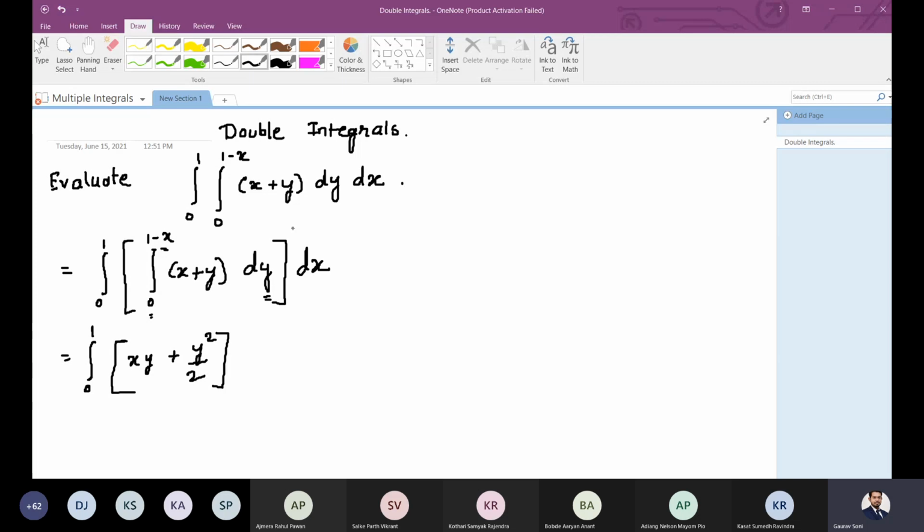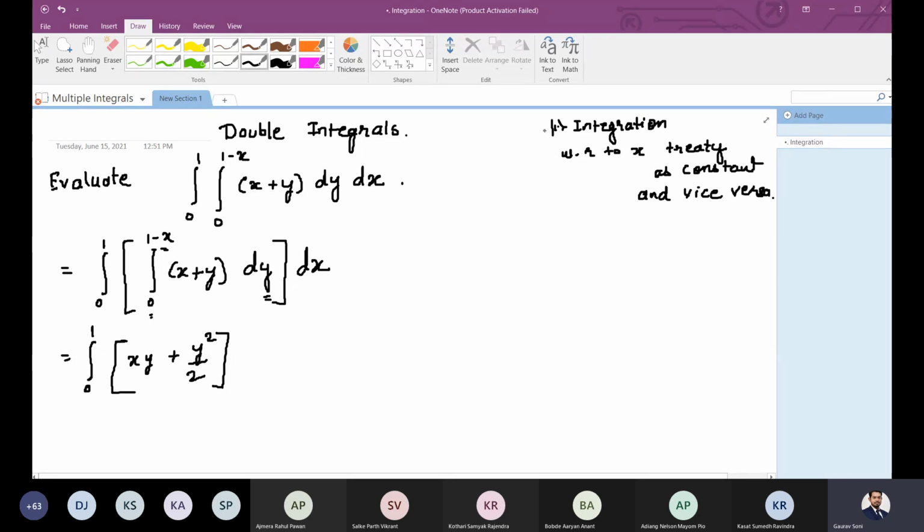So the first observation: when integrating with respect to x, treat y as constant, and vice versa. When I'm integrating with respect to y, you treat x as constant. This is a very important observation from the perspective of solving a given integration.